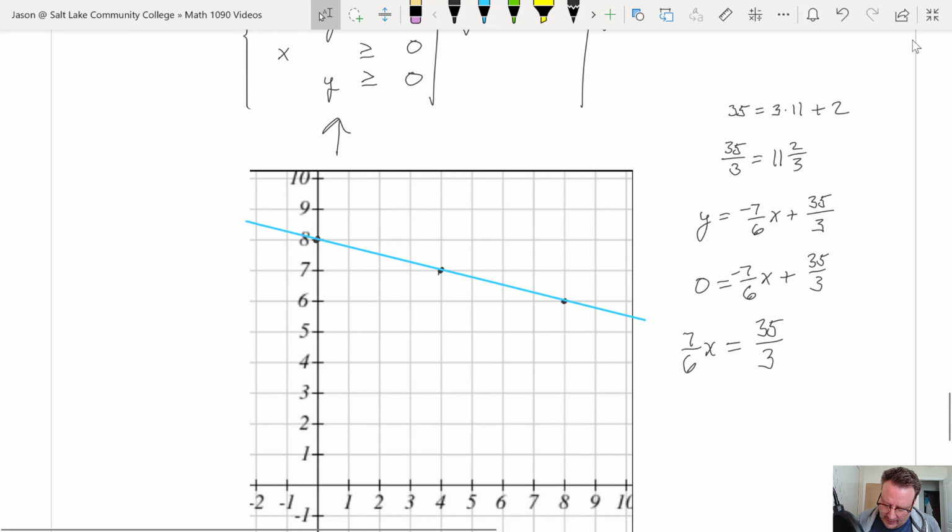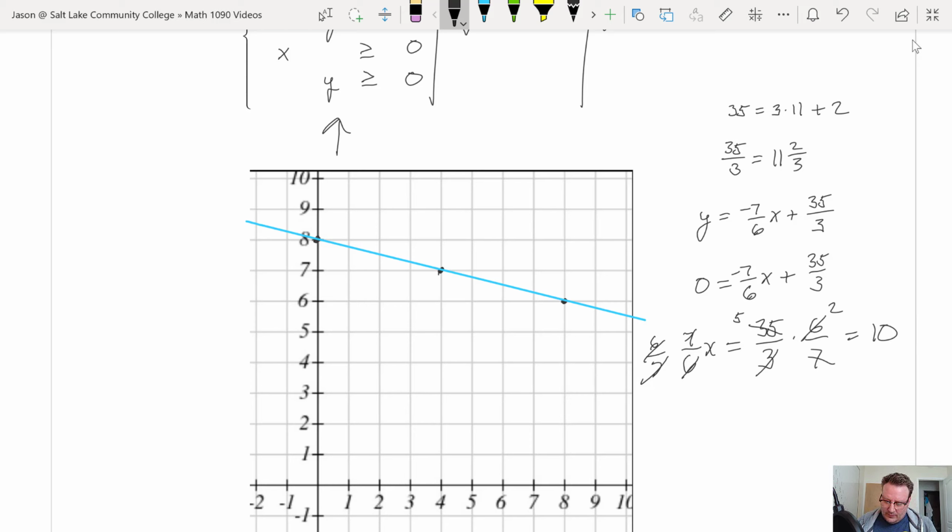And I'm going to get, let's see, 6/7 here, and then 6/7 here. 3 goes into 6 2 times, 7 goes into 35 5 times, so this is equal to 10. Okay, so what this means is that our x-intercept is here at the point 10, 0.